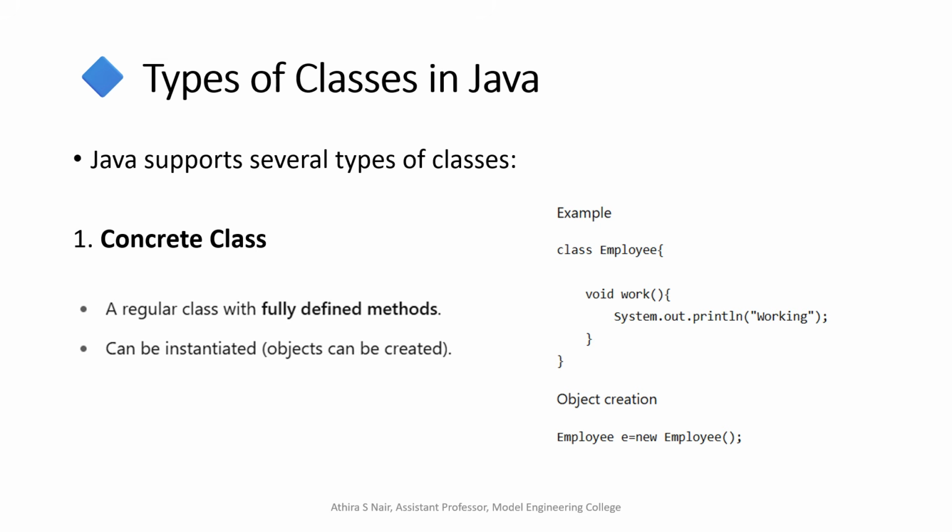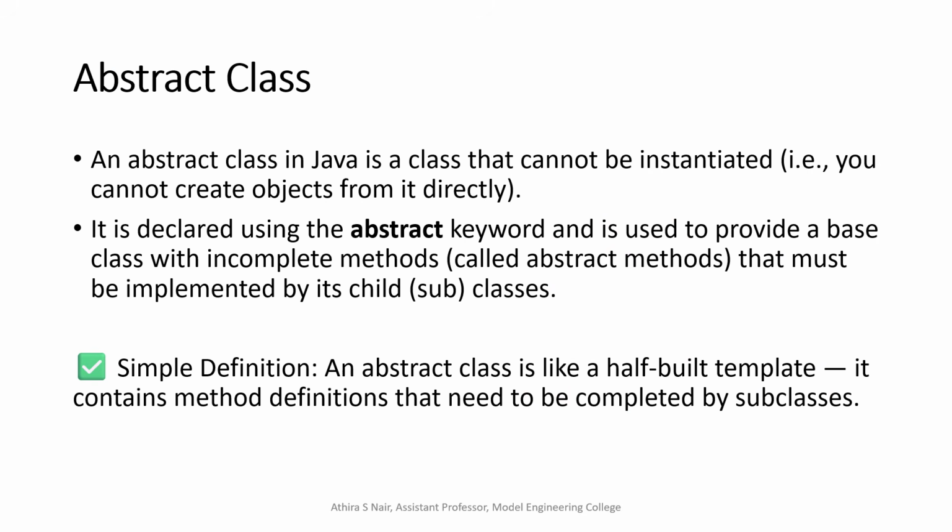Next is abstract class. An abstract class in Java is a class that cannot be instantiated. That is, we cannot create objects from it directly. It is declared using the abstract keyword, and we use it to provide a base class or super class with incomplete methods.